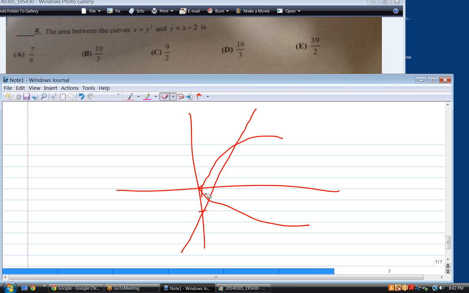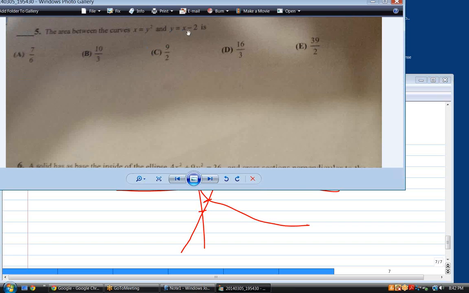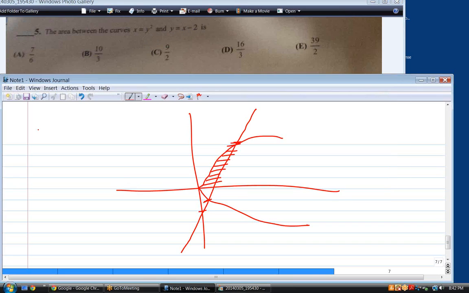I don't know. I could do it, there is a way to do it, but I think this problem is made for horizontal rectangles because it's right minus left. We should be able to go from this point to this point using the function described as a function of y. In other words, we have x equals y squared.